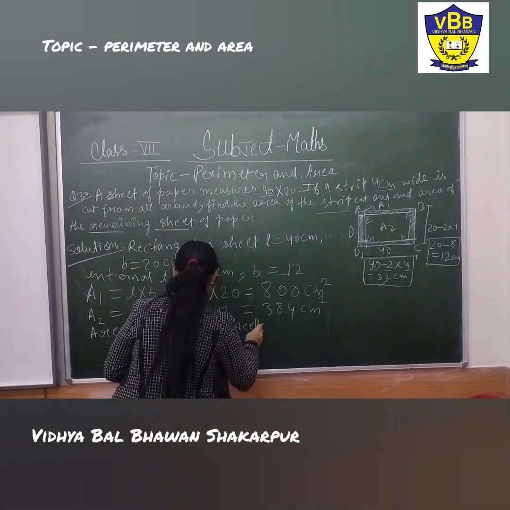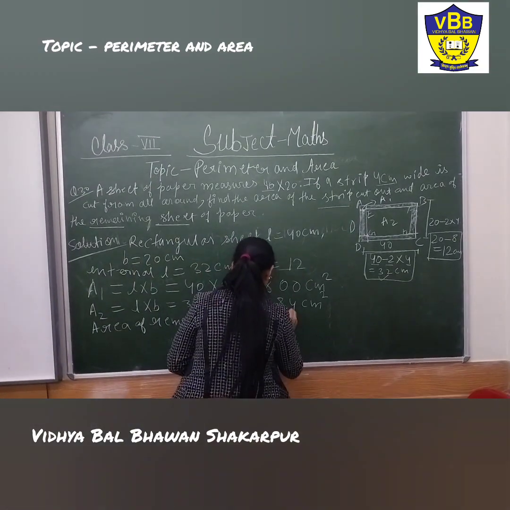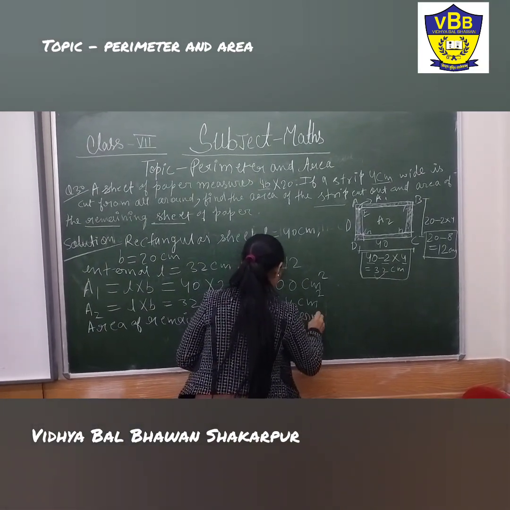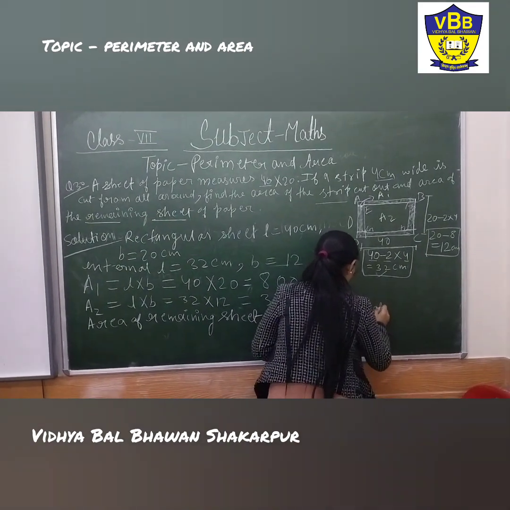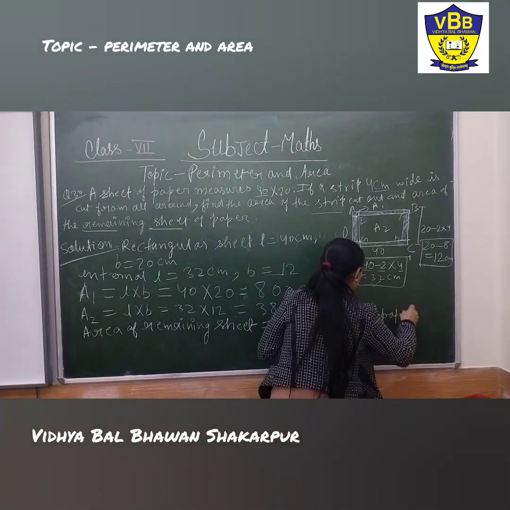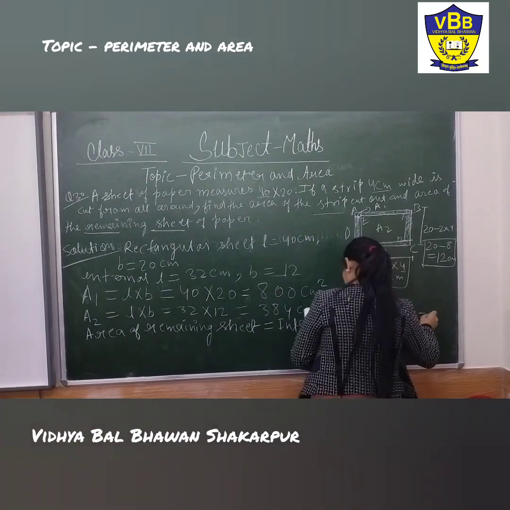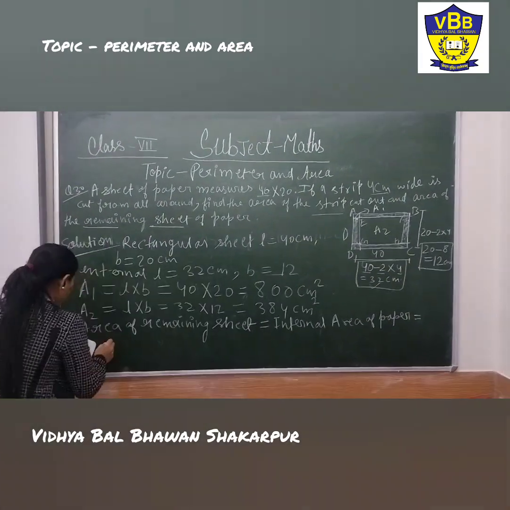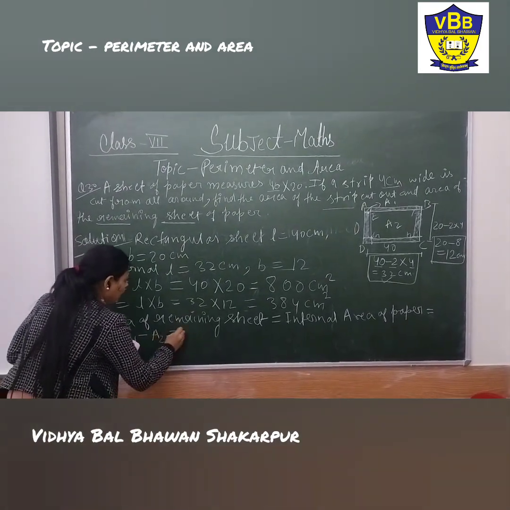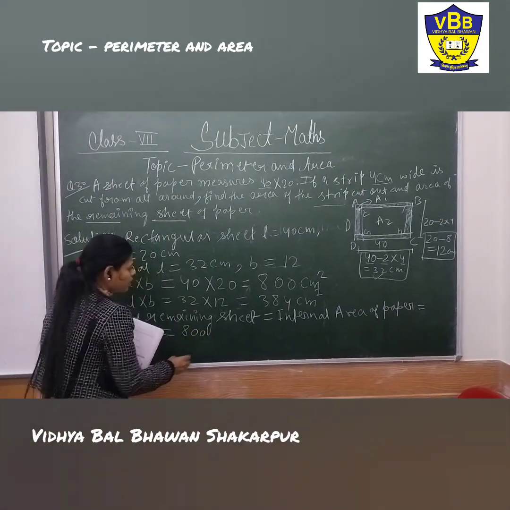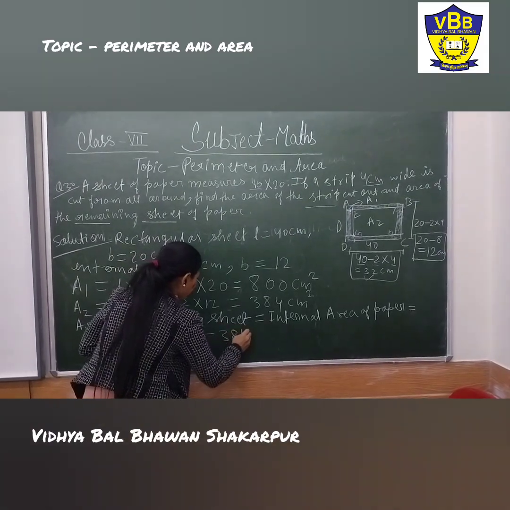The remaining part, or remaining sheet, is the internal area of the paper, which is equal to A1 minus A2, that is 800 minus 384.